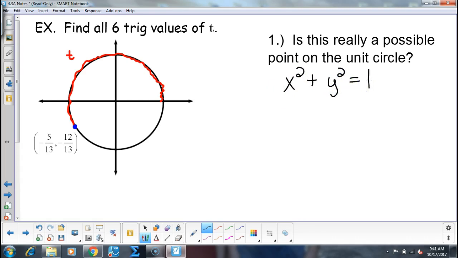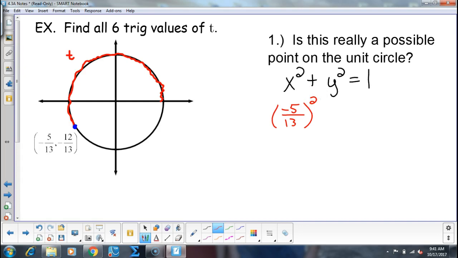Do I have an x value? Put that calculator away. We don't need no stinking calculators. Do I have the x value of my point? It's negative 5/13, not 5/3, so negative 5/13 squared.